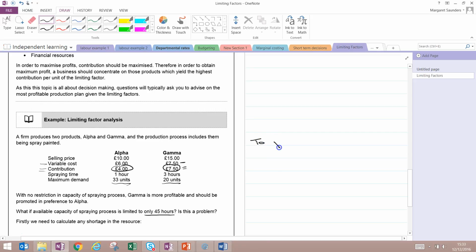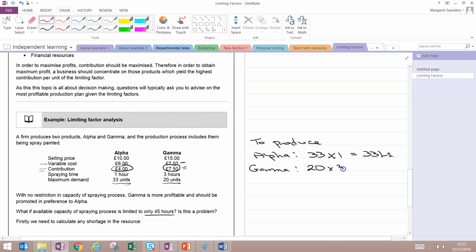So to produce alphas, we want to produce 33 of them. They each take an hour of spraying, so we need 33 hours spraying time. The gamma, we want to produce 20 of them.